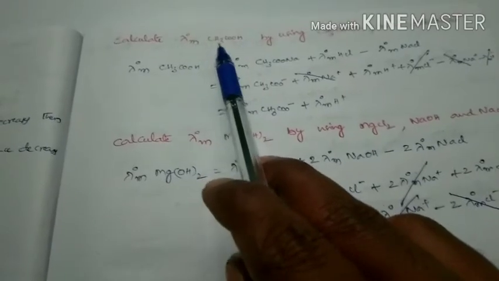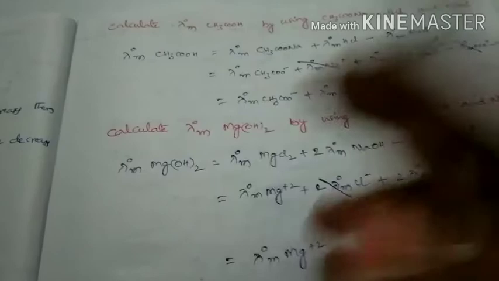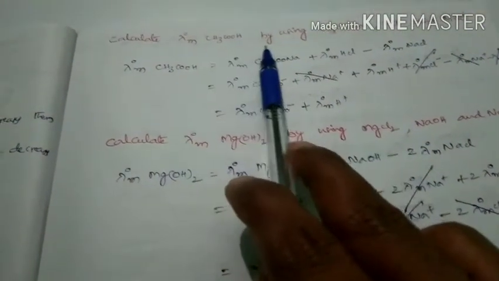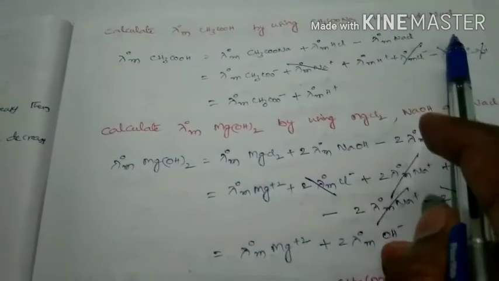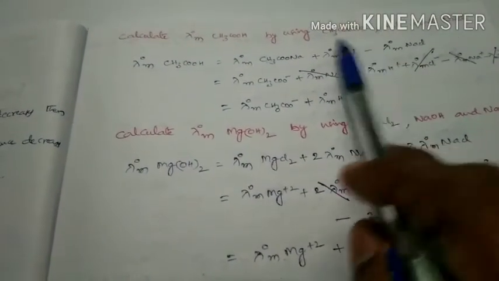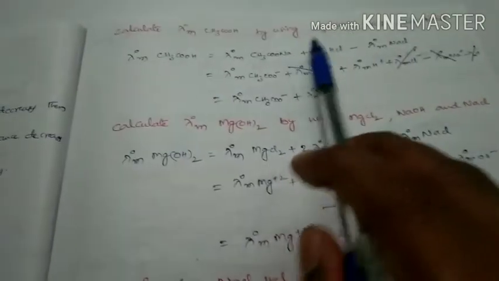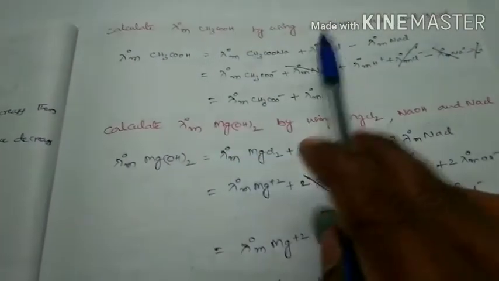Here we should find the molar conductance of CH3COOH at zero concentration or infinite dilution by using these three substances: sodium acetate, HCl and NaCl. So you have to find this by using these three.